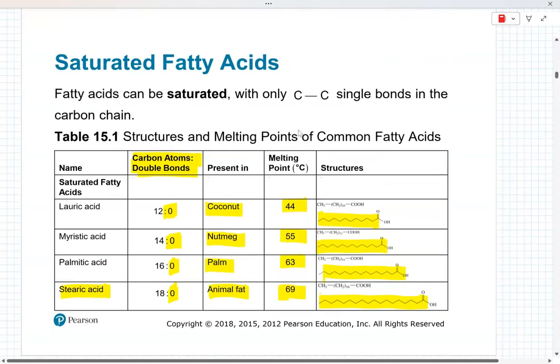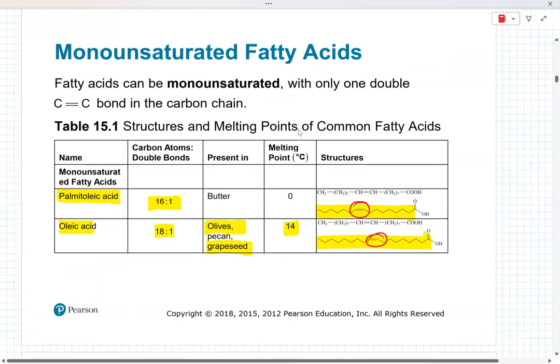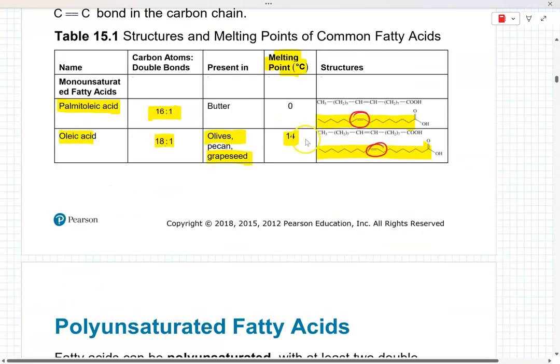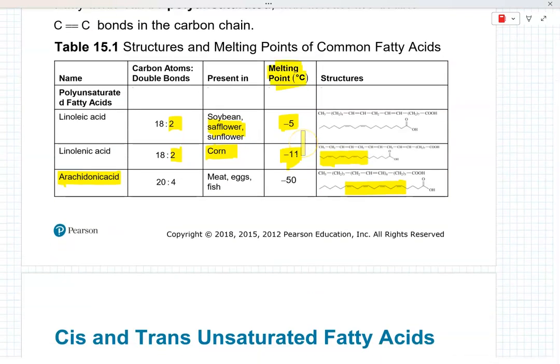When you go from saturated to monounsaturated to polyunsaturated, the melting points become lower and lower as you increase the number of double bonds. Does that make sense?